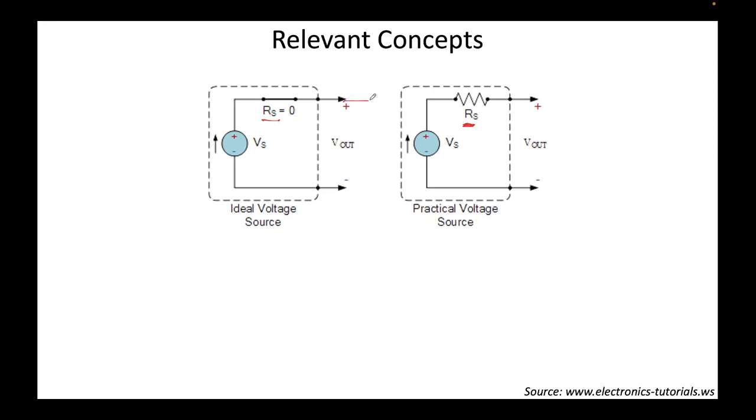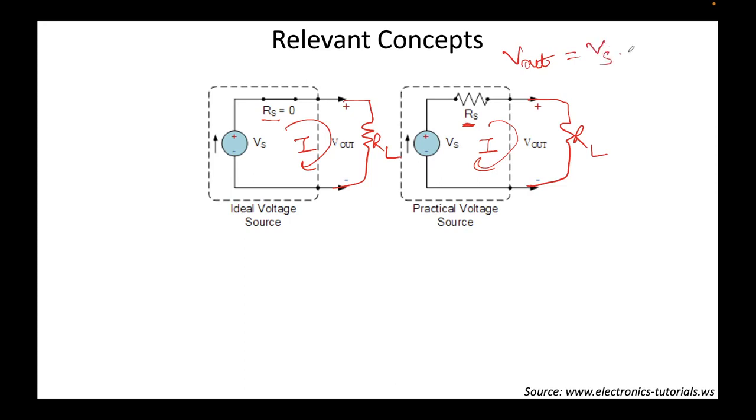Now let's assume that we connect a load RL to both of our voltage sources, and let's also assume that a current I starts to flow in these circuits. Using Kirchhoff's voltage law, we can write that Vout equal to Vs minus I times Rs.